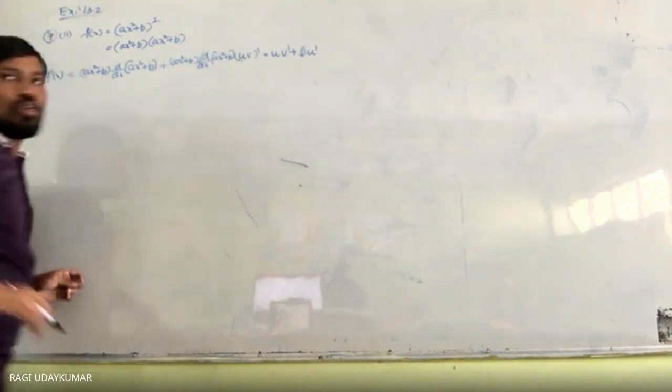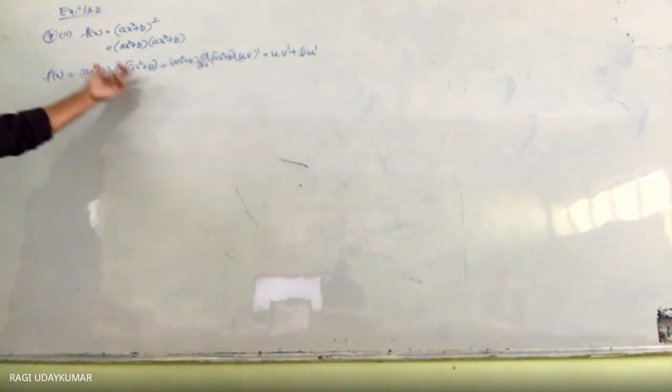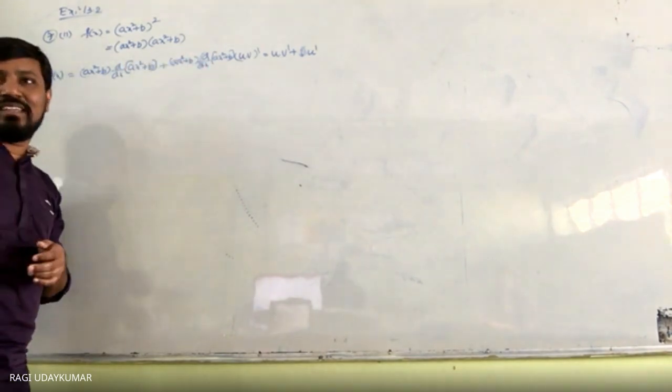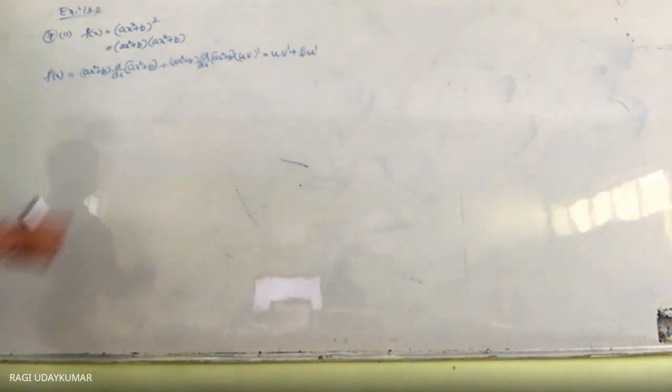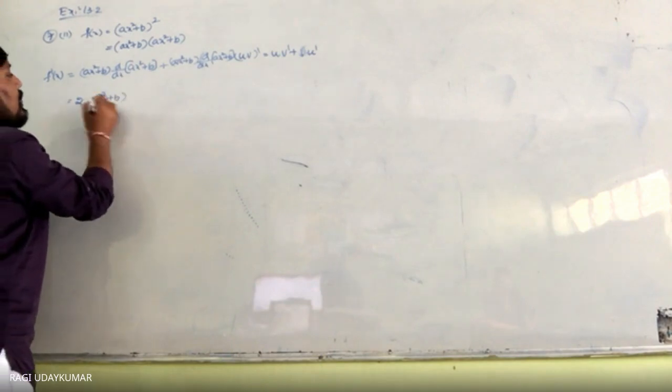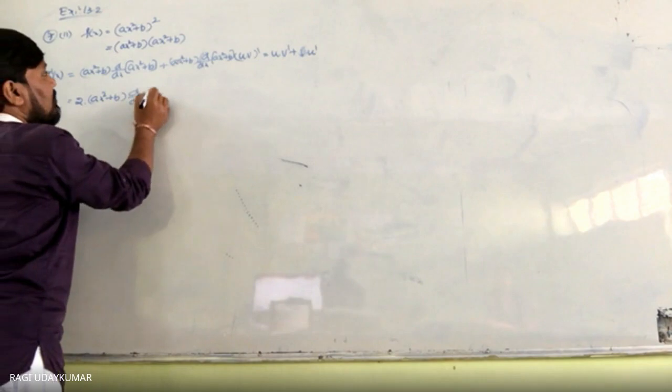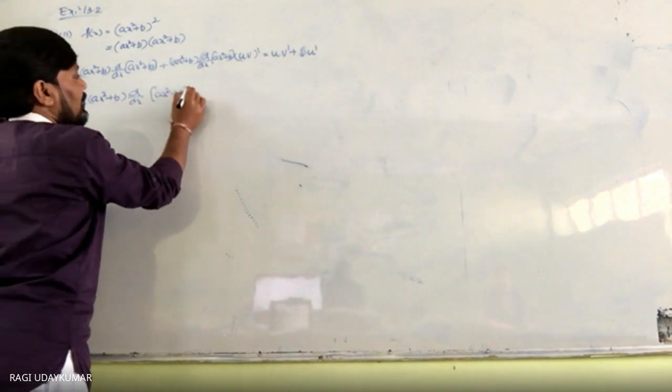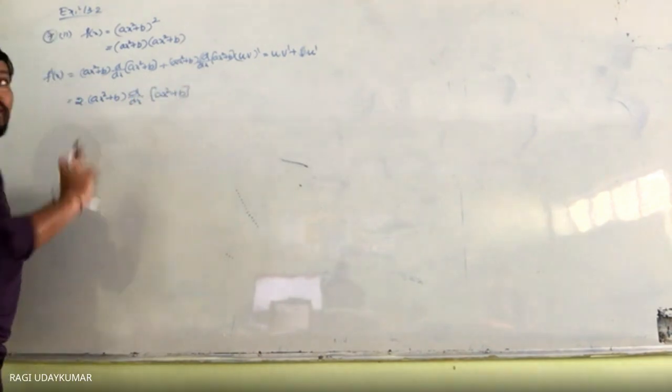What you get is the same thing two times, as this term and that term are the same. So you can write 2 into ax square plus b into d by dx of ax square plus b.